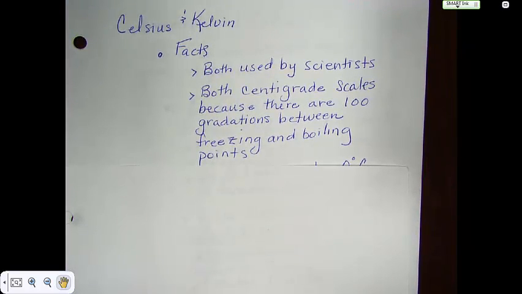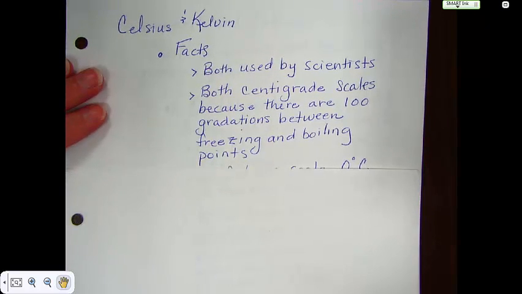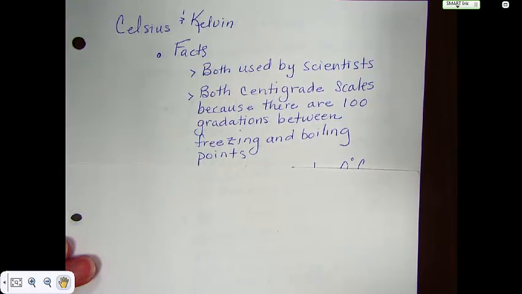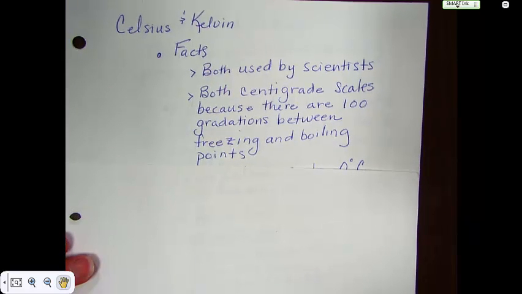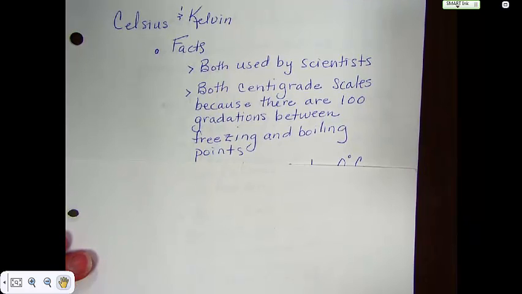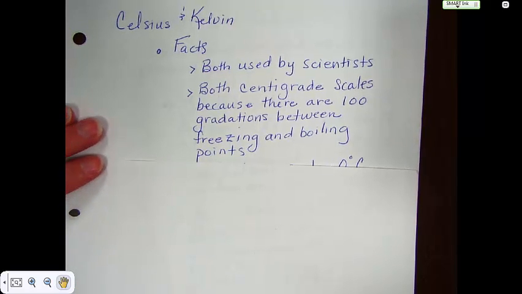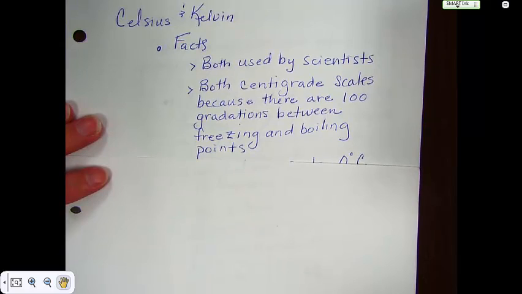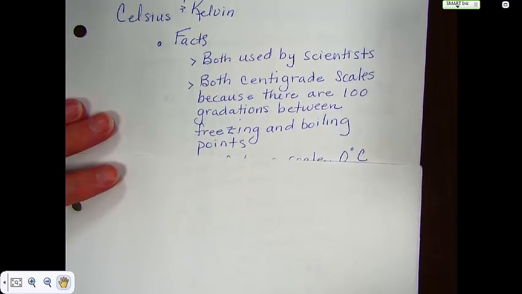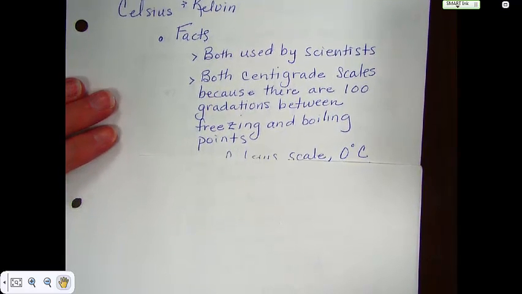Celsius and Kelvin is something that we need to be aware of. We don't use Kelvin very often, but we do need to have the facts so that if you have a test question that asks about Kelvin, you know what it is. Both are used by scientists. Both are centigrade scales because there's 100 gradations between freezing and boiling.